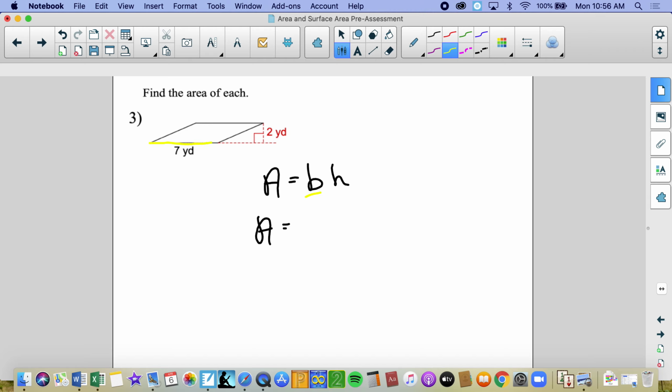I'm going to pick this as my base because I have a height that is the distance from the bottom of the figure to the top of it. So my base is going to be 7 yards. And my height, which must be perpendicular to the base that I pick, will be 2 yards. And then 7 yards times 2 yards gives us 14 yards squared.